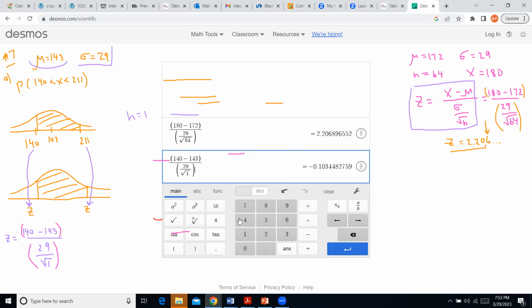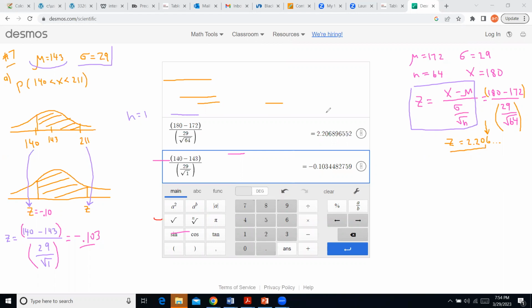So here's the z-score that we produced. It is negative something, 0.103, etc. So we use negative 0.10, right? Because we always round to the nearest hundredths.